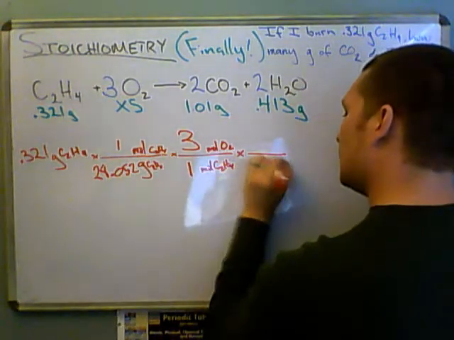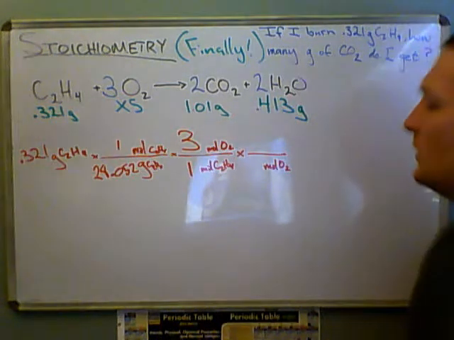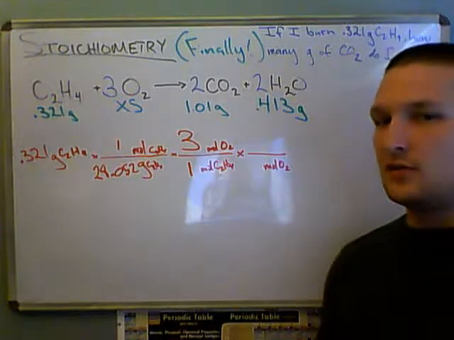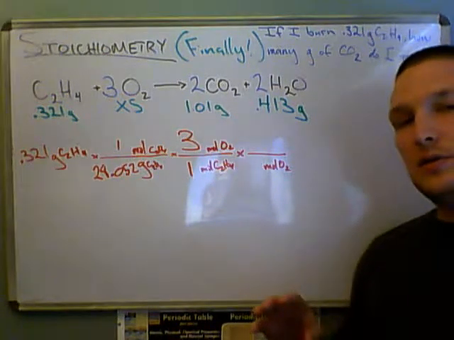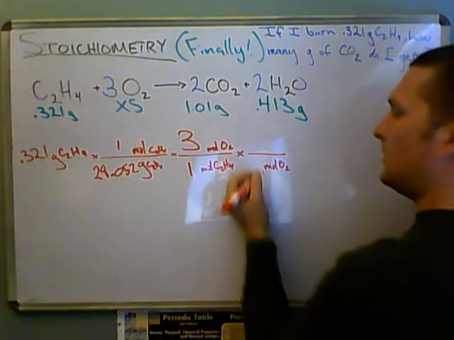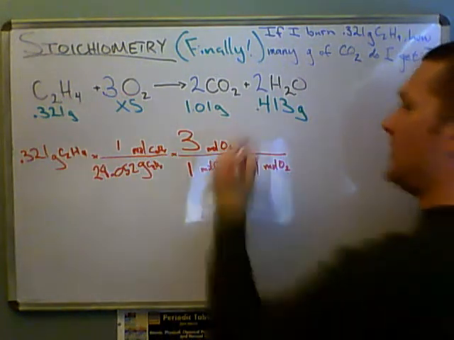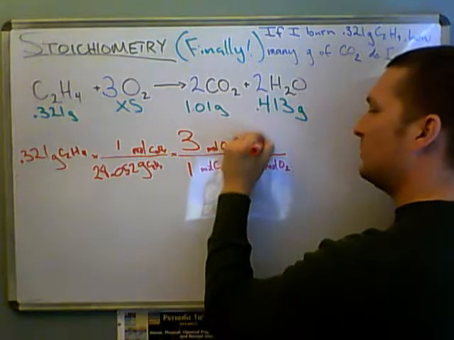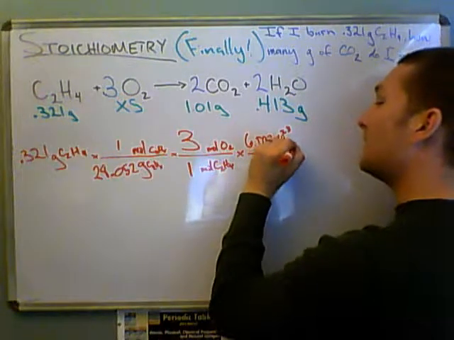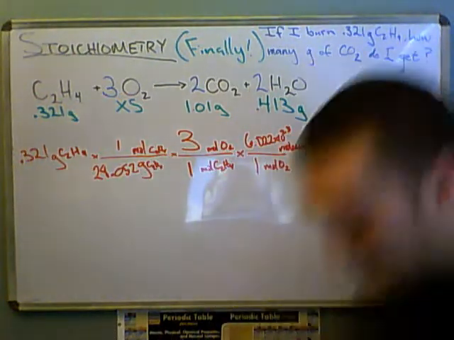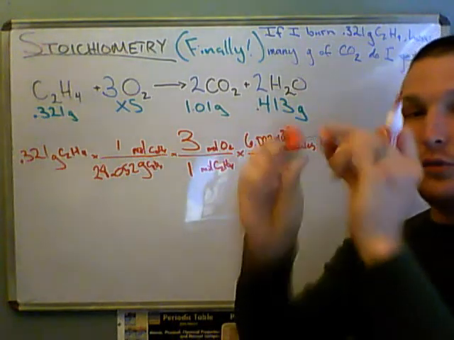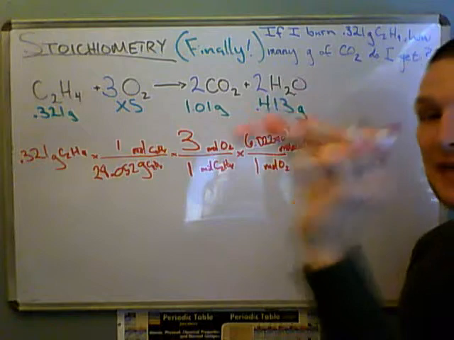So moles of O2. Ultimately I want to get to atoms of oxygen. So I'm going to go into molecules first. I know that in 1 mole of O2, we have Avogadro's number, 6.022 times 10 to the 23rd molecules.